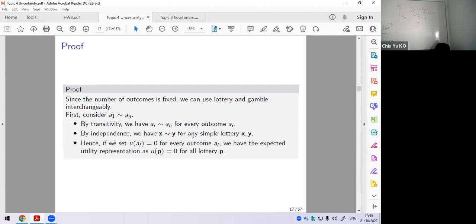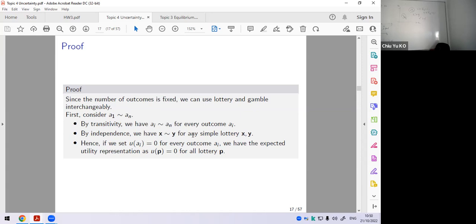And why do I write this? Because we have said by definition A1 is at least as good as An. So if they're indifferent, then everything is indifferent. And the second one: by independence, if two outcomes are the same and you mix with another thing, by independence it's the same.